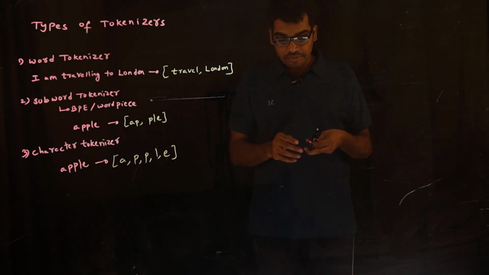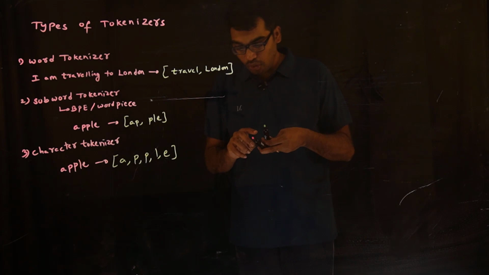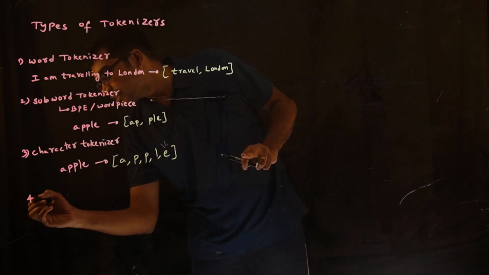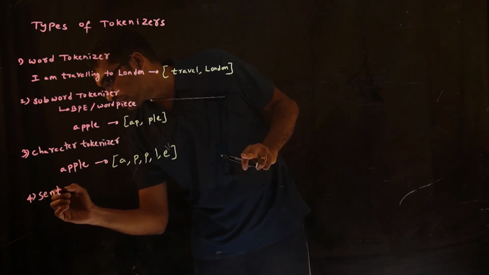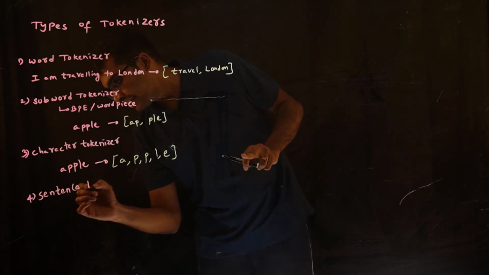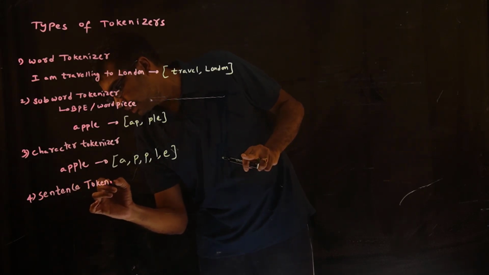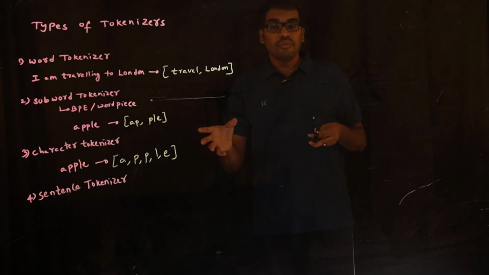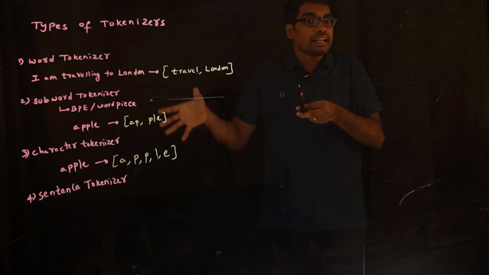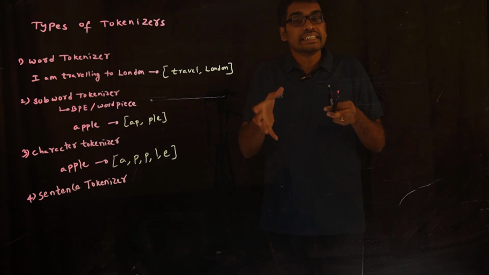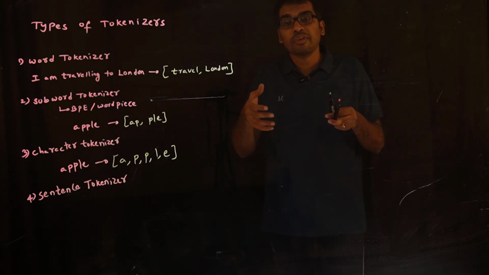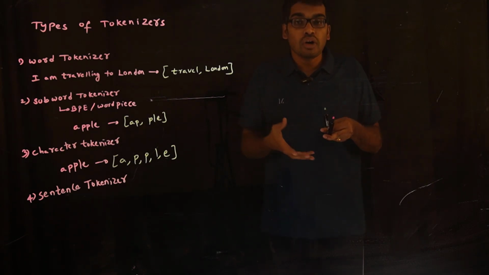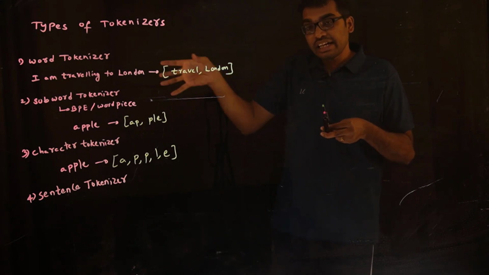Then there is one more tokenizer, the sentence tokenizer. This is also famous in the industry. With the sentence tokenizer, we break a paragraph down into different sentences. It is mostly used in topic modeling, where you need to understand entire sentences.